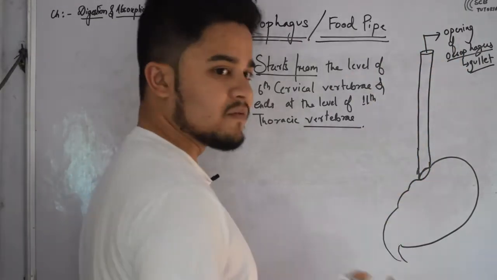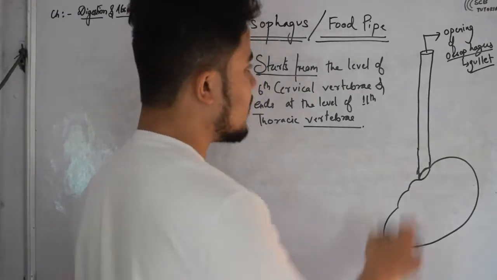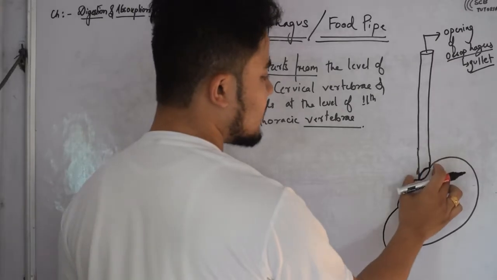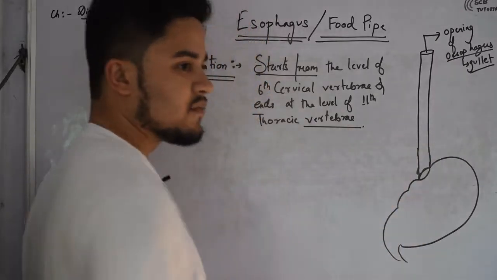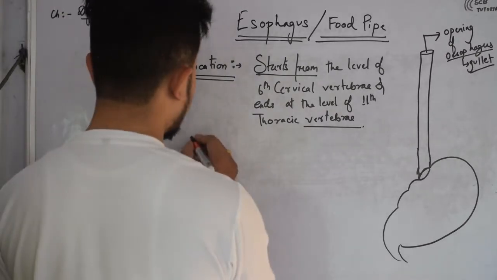We know that there are cervical vertebra, thoracic vertebra, lumbar vertebra, and sacral vertebra. So the esophagus starts from the level of the sixth cervical vertebra and ends at the level of the 11th thoracic vertebra, and this opening is called the gullet.